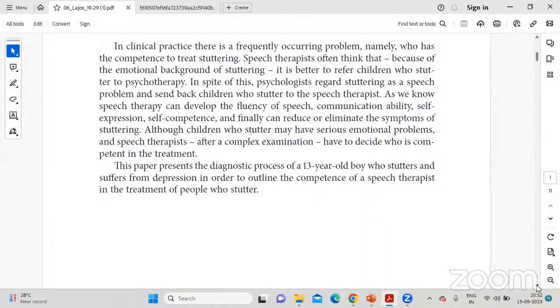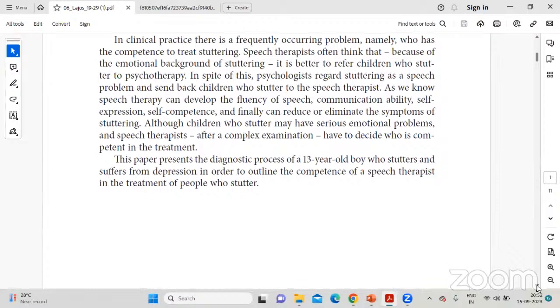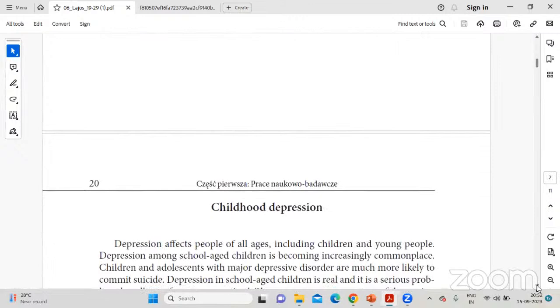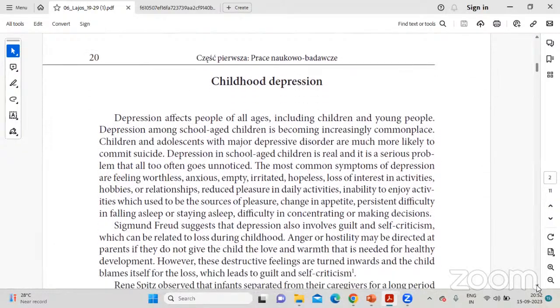Then it talked about the diagnostic process of this 13-year-old boy who used to stutter and at the same time was suffering from depression. So they talked about childhood depression first.